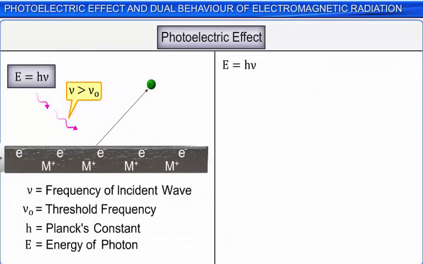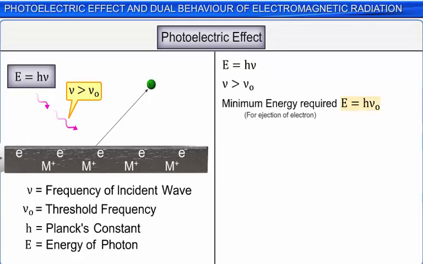Let us assume that the frequency of the photon of incident light nu is greater than the threshold frequency nu0. In other words, the striking photon has energy equal to h nu, and the minimum energy required to eject the electron is h nu0.